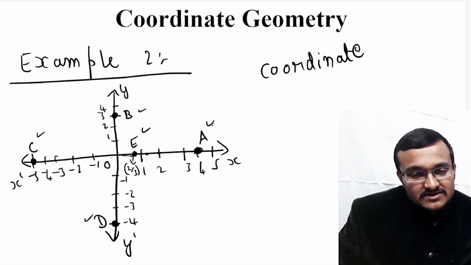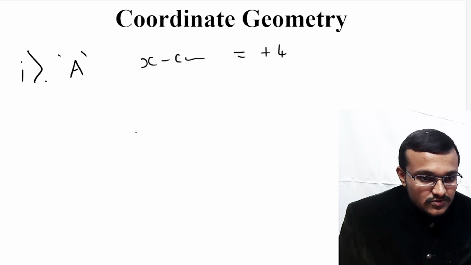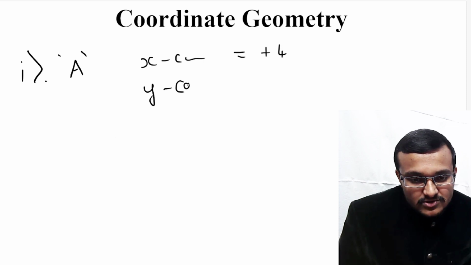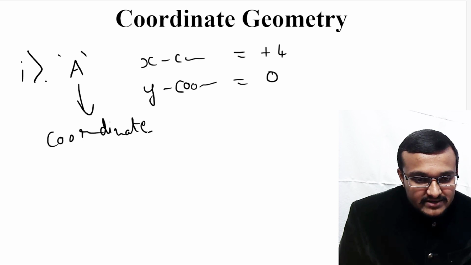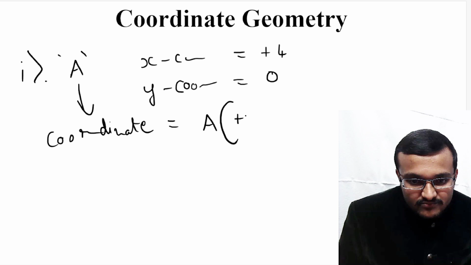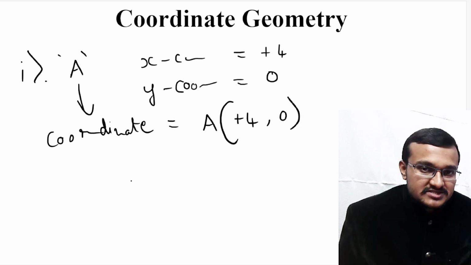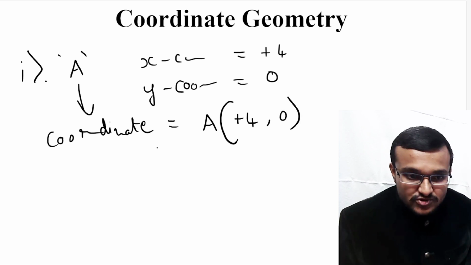So the length of the y coordinate is 0. So the coordinate of point A is capital A of plus 4 comma 0. So plus 4 comma 0 you have got.